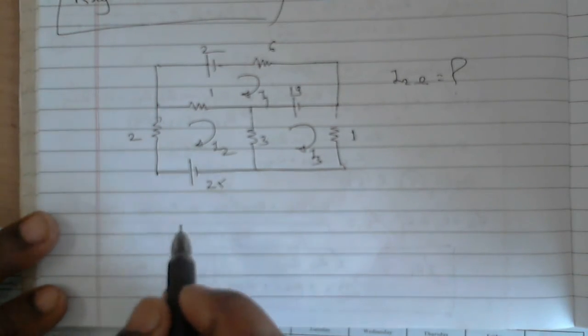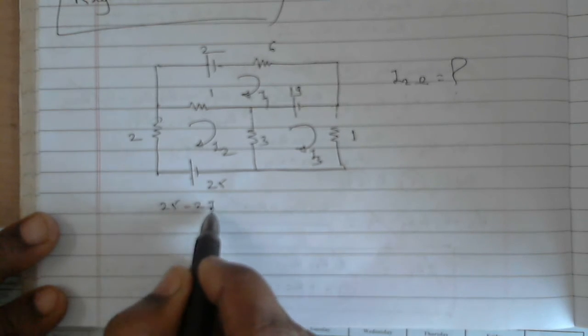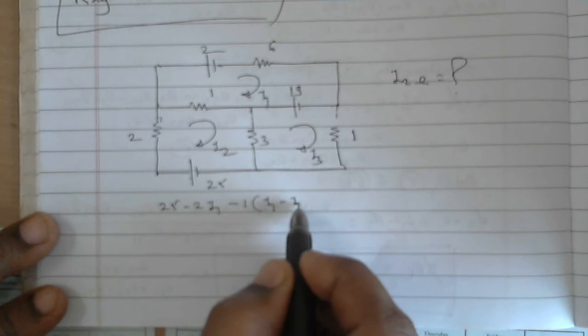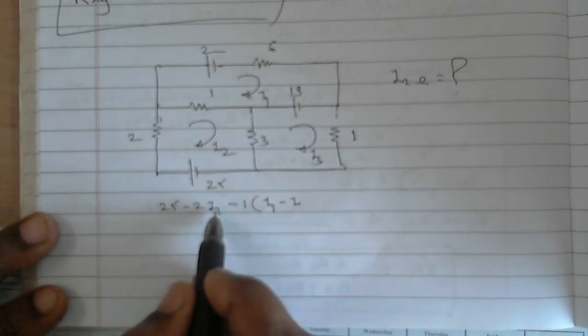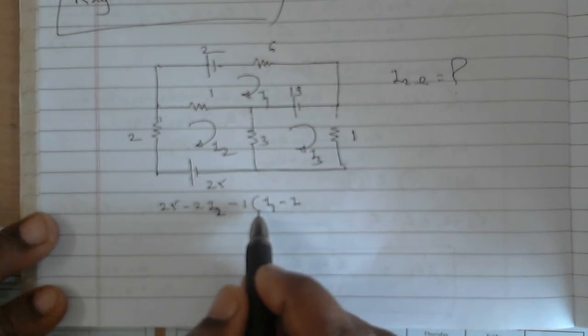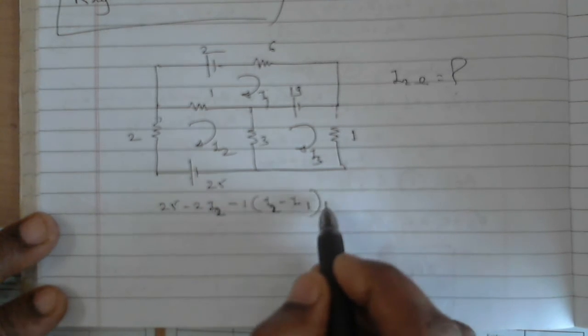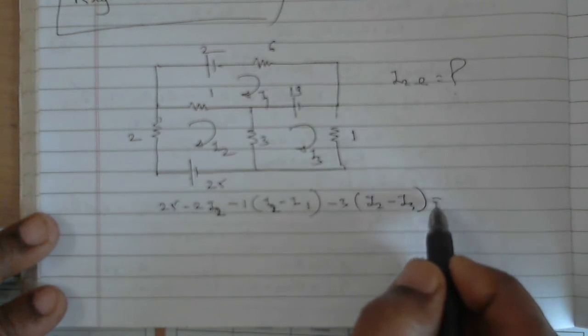Okay. So in first loop you can find out from here if you start: 25 minus 2 I2 minus 1 I2 minus I1 minus 3 I2 minus I3 equal to 0. Sorry, this is I2, this is I1, no?